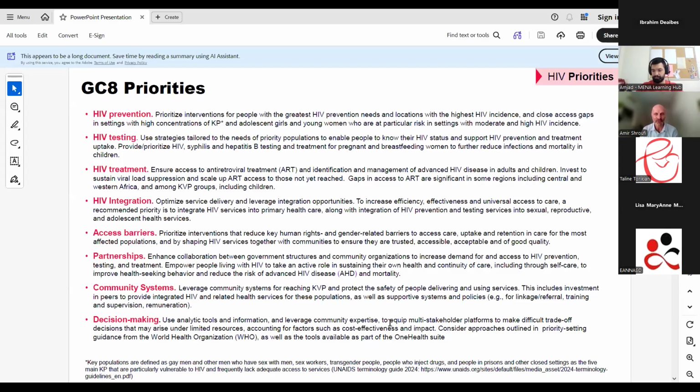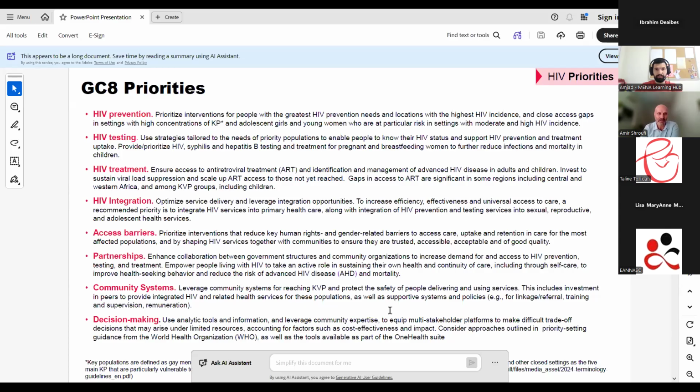But for prevention, the focus is really around efficient and effective prevention that is able to reach the people who need the services the most, people with highest incidence. The resources are limited, and people's needs do vary a lot.